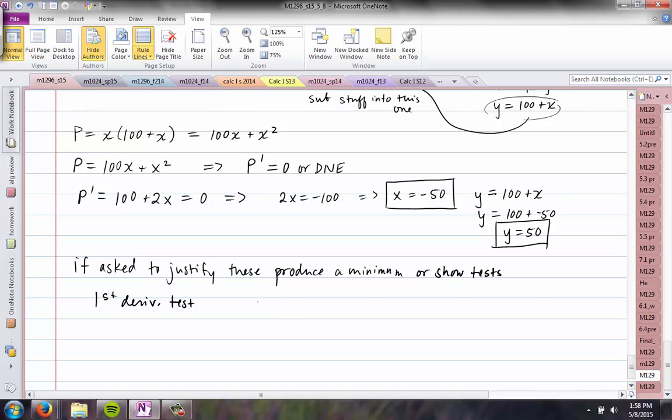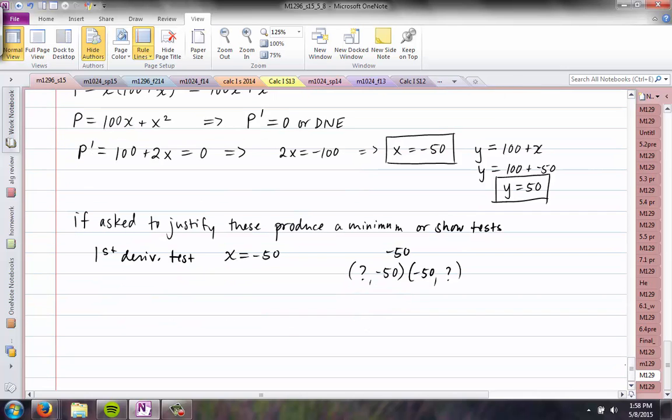So for x equals negative 50, I could just check either side of that. My intervals would be something before negative 50 and then something after negative 50. You don't necessarily even have to find what those things are. You're just testing to see what happens on either side.